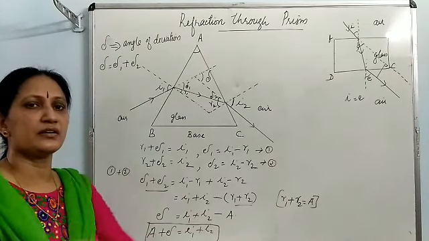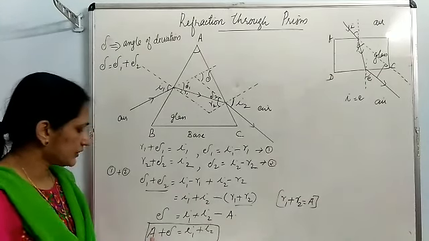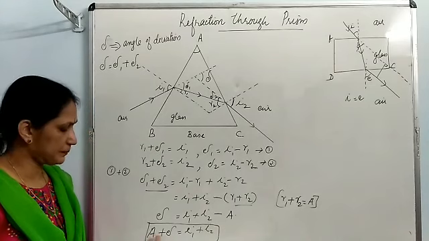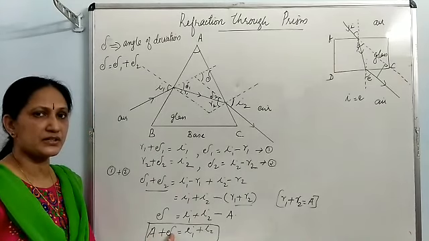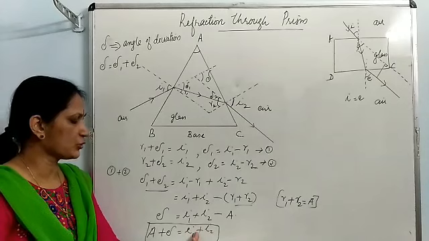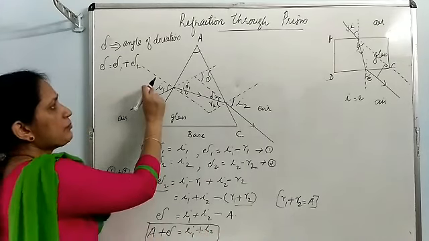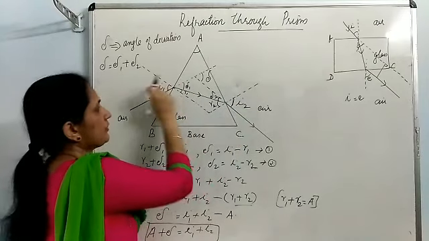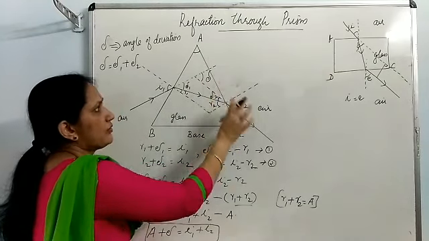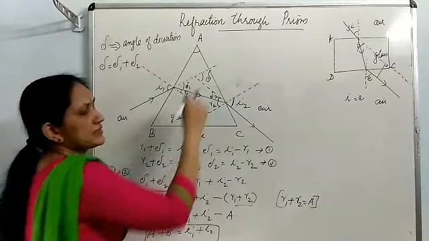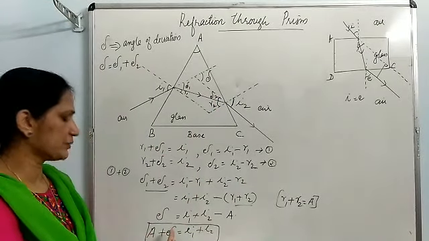In any case of a prism, the angle of prism plus the angle of deviation is always equal to I1 plus I2. That means the sum of these two angles, I1 plus I2, is always equal to A plus delta. Very important equation.